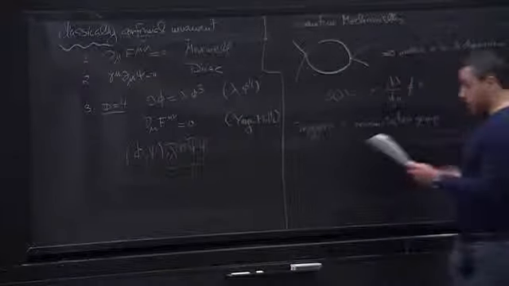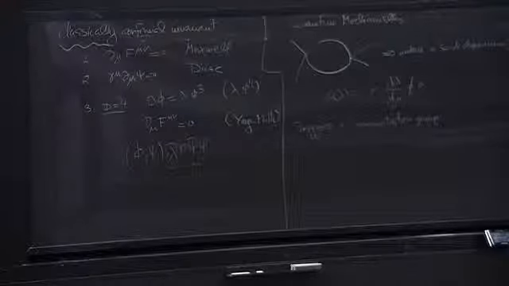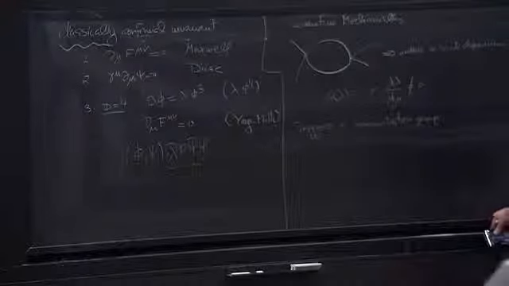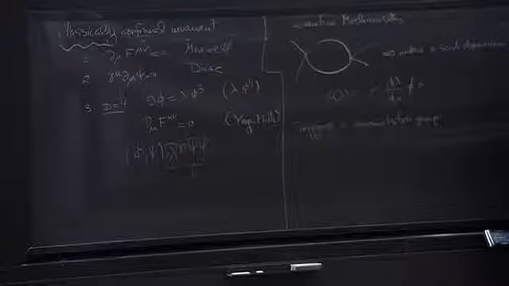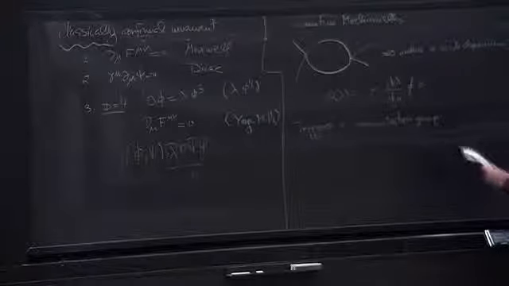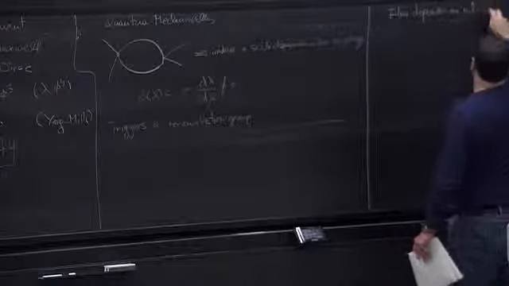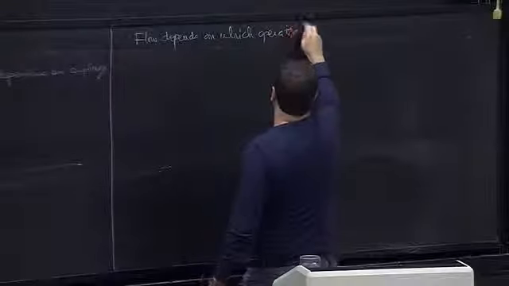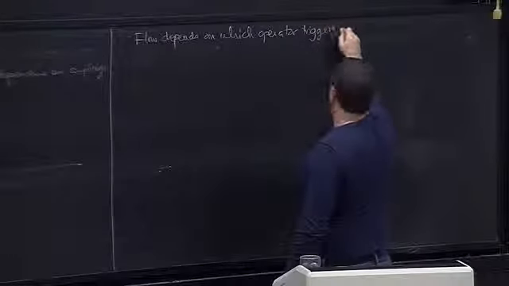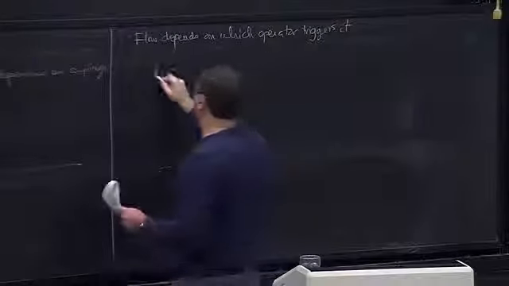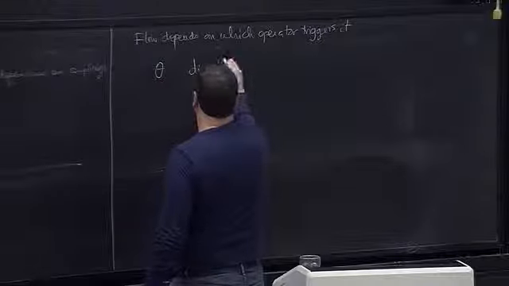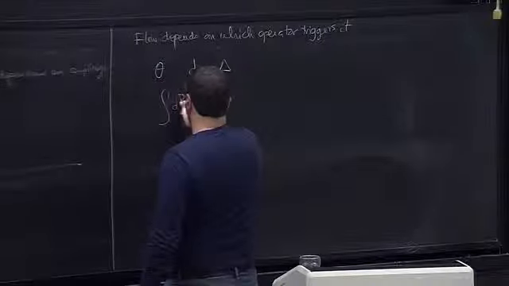Now we're going to say a few words about the physics of these renormalization group flows, just qualitative features. The physics of an RG flow depends on which operator triggers it. You have an operator O that has dimension delta, and you look at your Lagrangian.